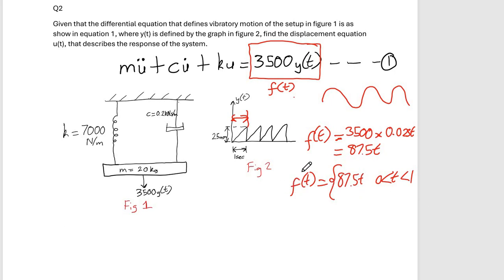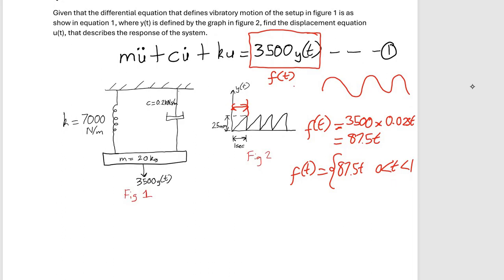So what we have done so far is nicely clean up our right-hand term. Now we're going to go through a process of converting this periodic f(t) into a harmonic excitation. What do we know? Any periodic function can be converted using the Fourier series.